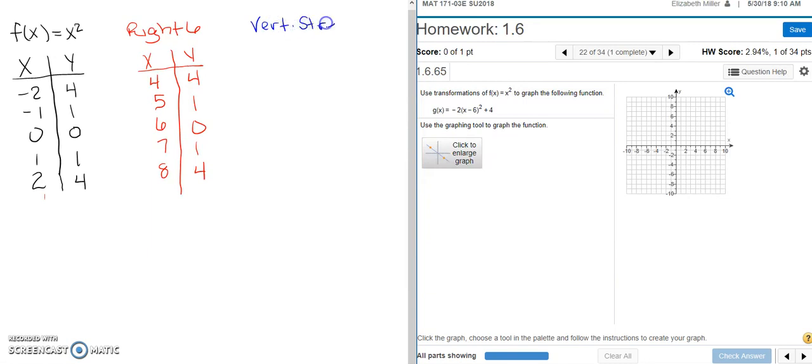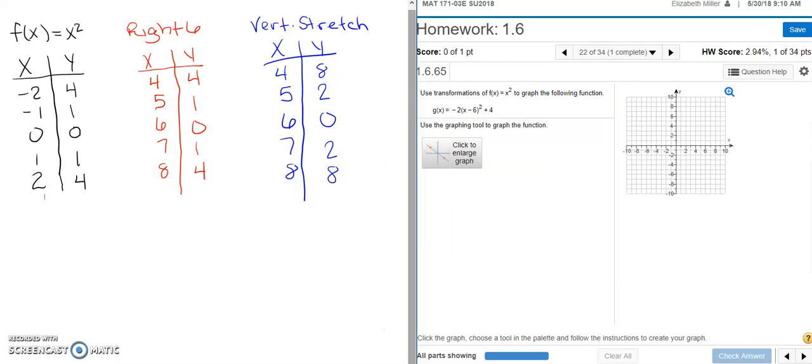So I'm going to do the same table, and now I'm multiplying the y value by 2. My x value is not going to change for this one. So all the y values multiply by 2.